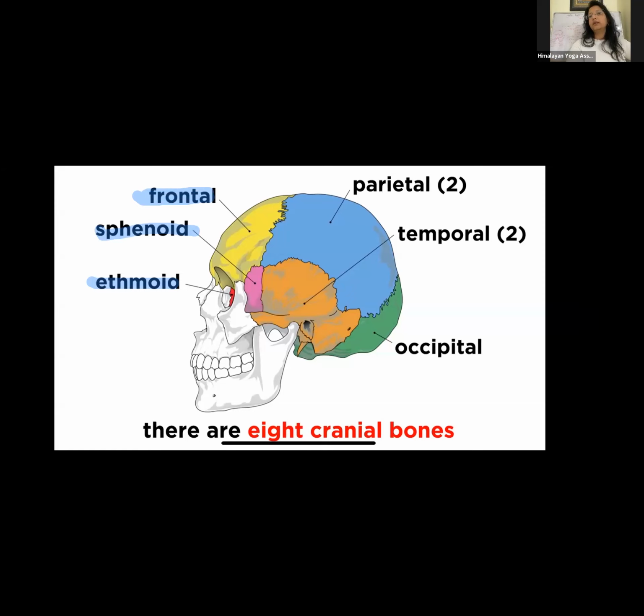Ethmoid, this red color, you see. Frontal is this yellow part, which I showed you. Sphenoid, this pink area. Then ethmoid, this red color. Then we have occipital, this green color. And temporal, parietal.